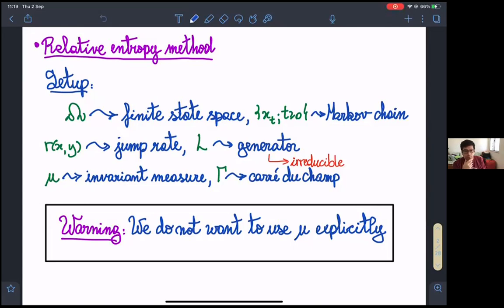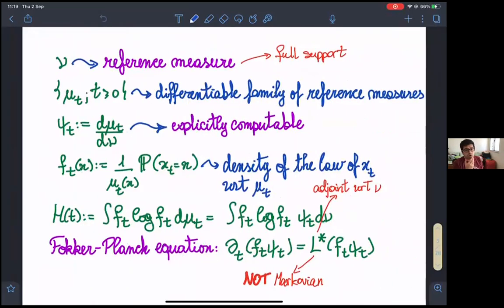The idea now is that we don't want to use the measure mu in any explicit way, because in principle we don't really know it, and that's the object for which we want to obtain information. So what we do is fix a reference measure nu, which I'm going to assume has full support.